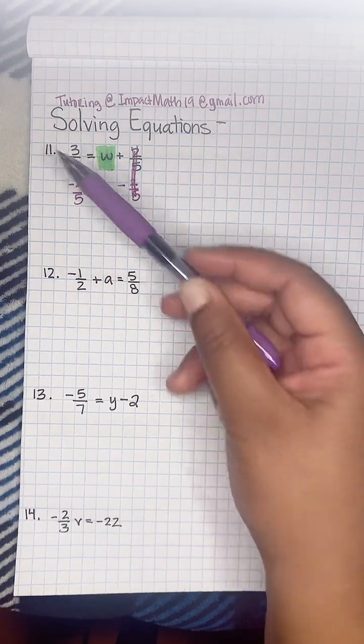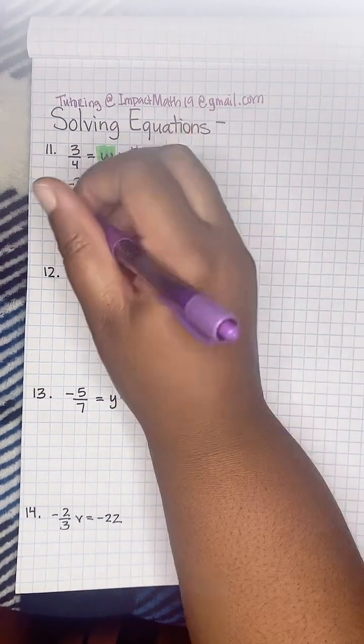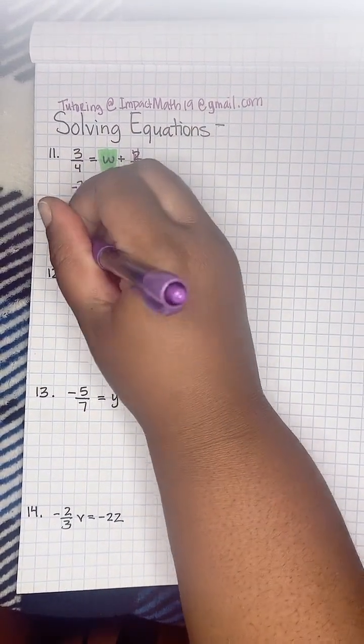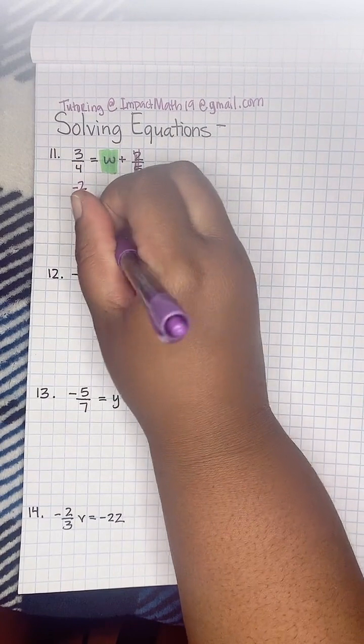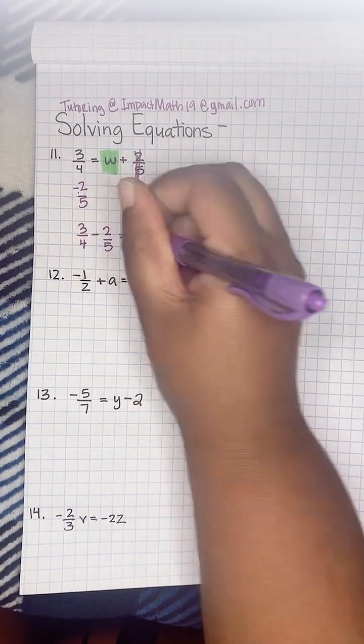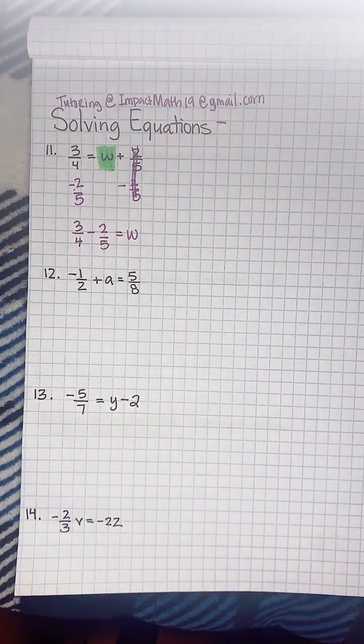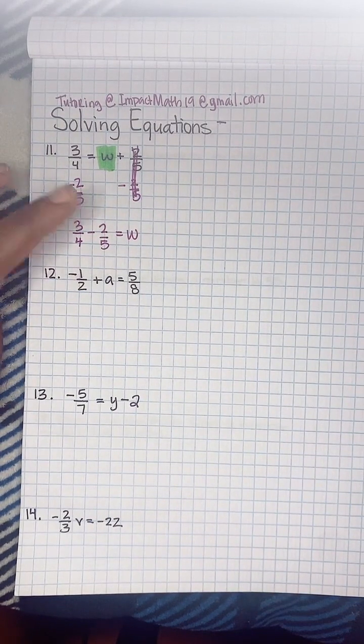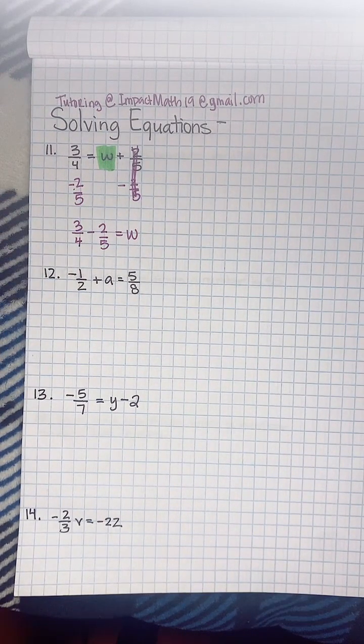So now let's talk about it. I'm going to write this horizontally. We have 3/4 - 2/5 equals W. When we subtract fractions, what must we have the same? Good. So Spencer says 7/20. Richie said LCD is 20. Good.